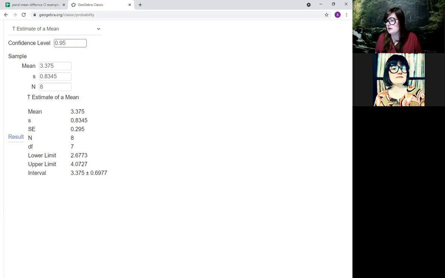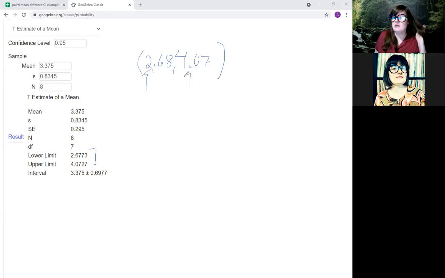So if I go ahead and draw with my terrible handwriting, it's about 2.68 to about 4.07. I'm just taking these numbers here. So this is my confidence interval when I write it in interval form, the lower limit and the upper limit.